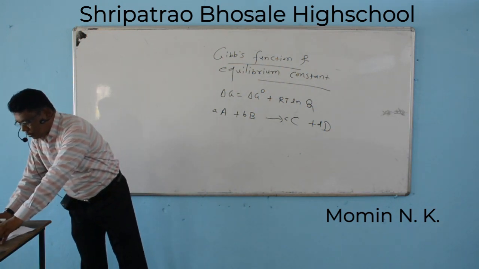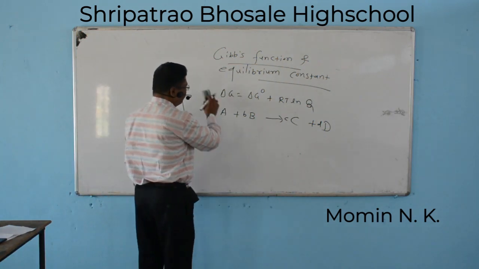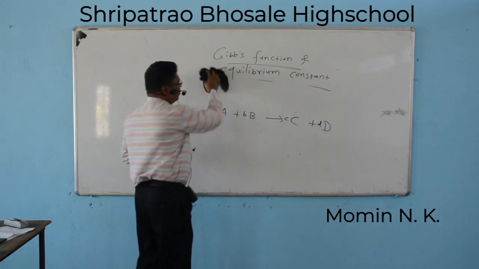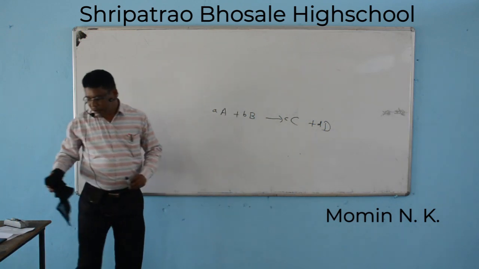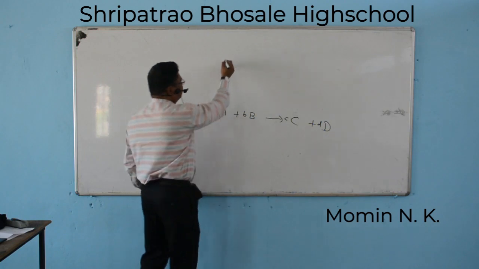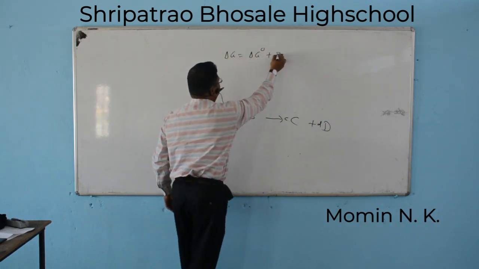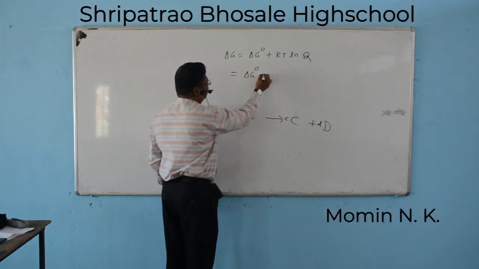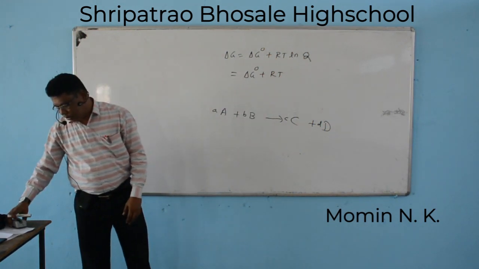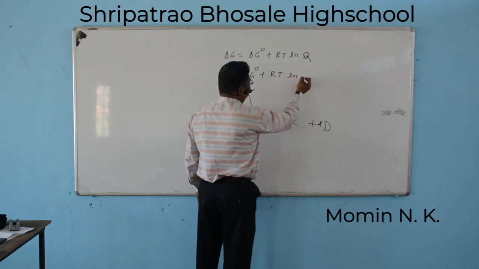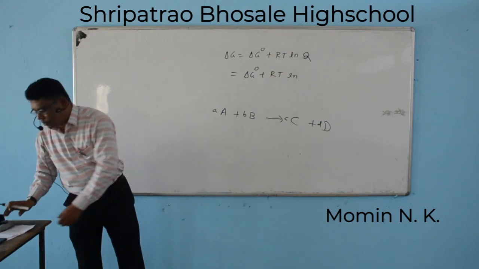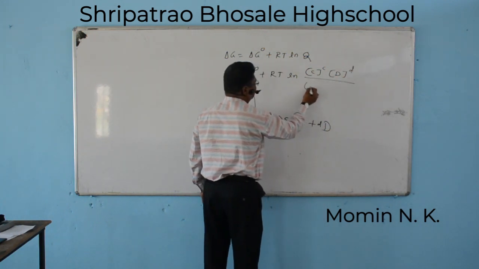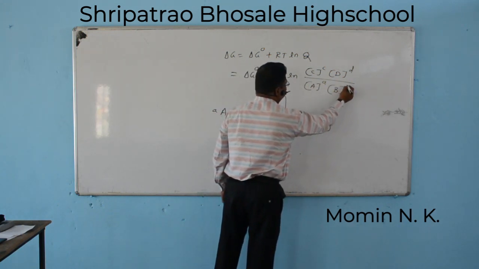You know that for this reaction we can write delta G is equal to delta G0 plus RT log of Q. Here Q stands for reaction quotient, so this is delta G0 plus RT log of concentration of C raised to c, concentration of product D raised to d, upon concentration of reactant A raised to a into concentration of reactant B raised to b.